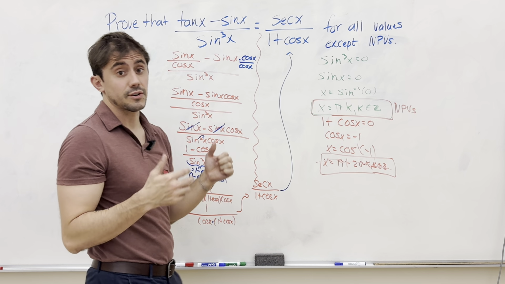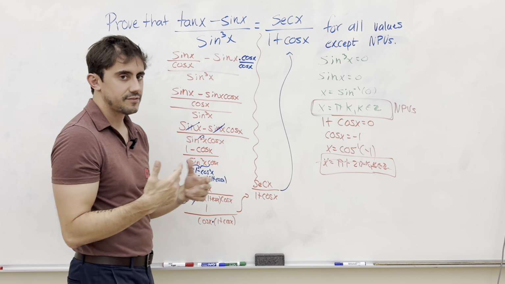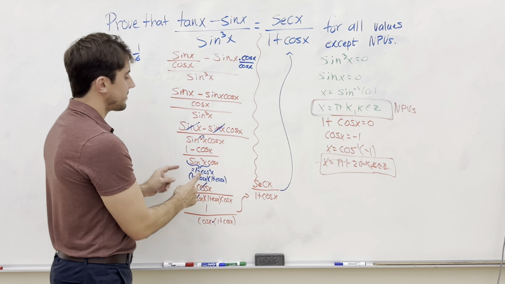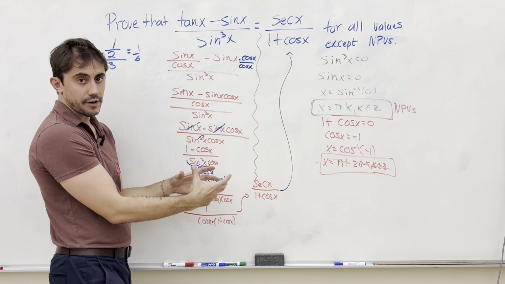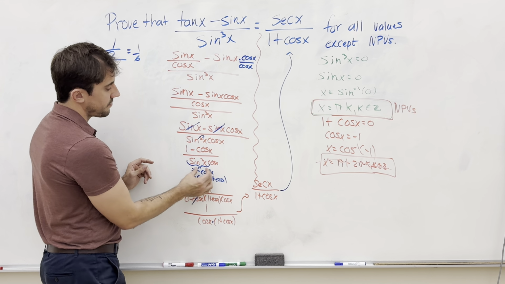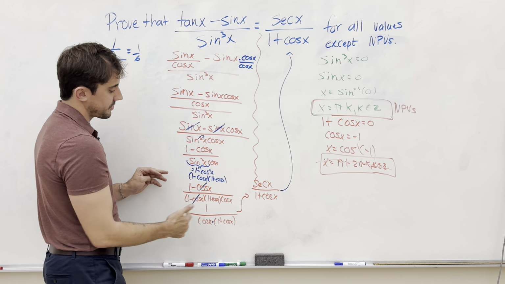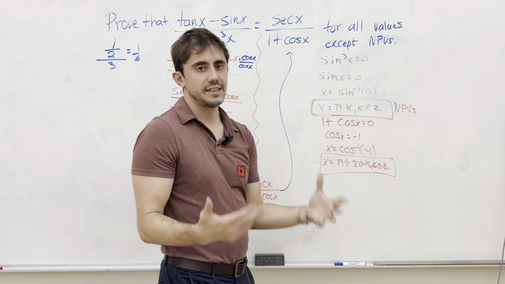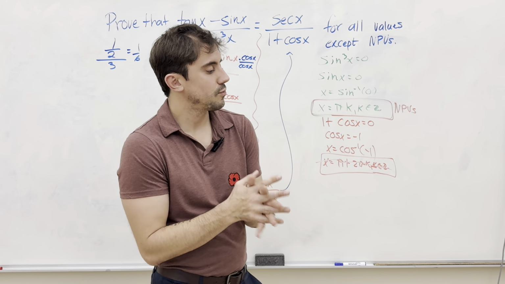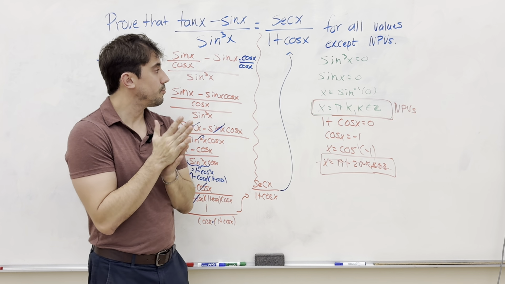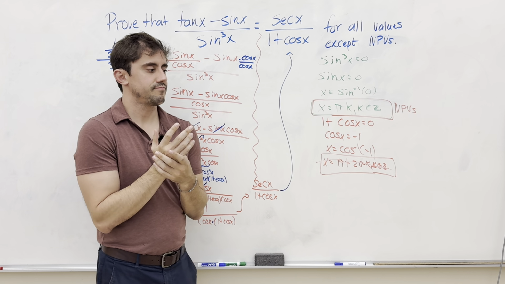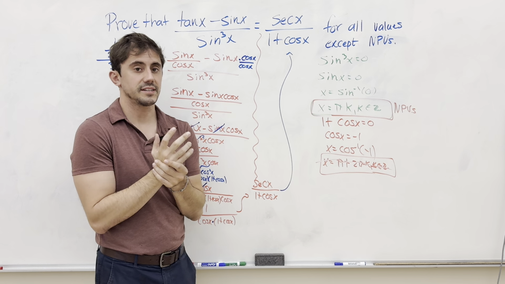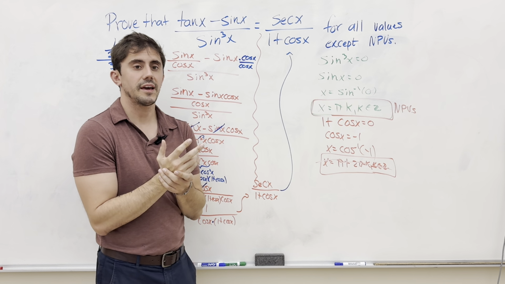Those Pythagorean identities are really, really useful, and we often have to use them in creative ways to get what we need out of our expressions, right? Factoring a difference of squares, canceling out a factor, and then writing it the way that we need to write it in the end. This is just one more example that can hopefully help you become really good at these identity proofs. So I hope this helps, and thanks for watching.